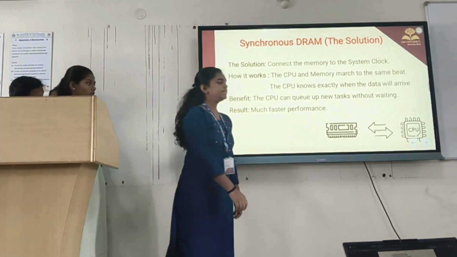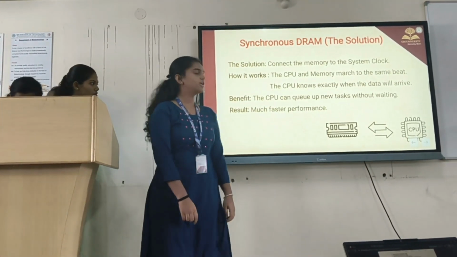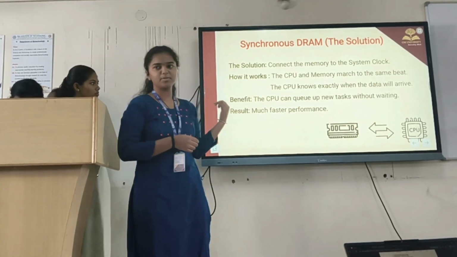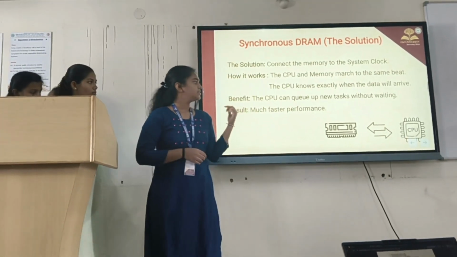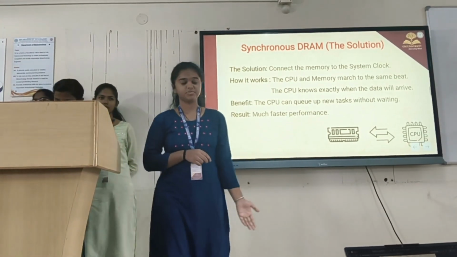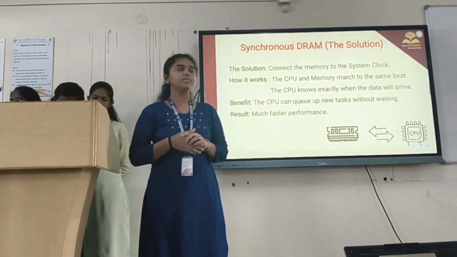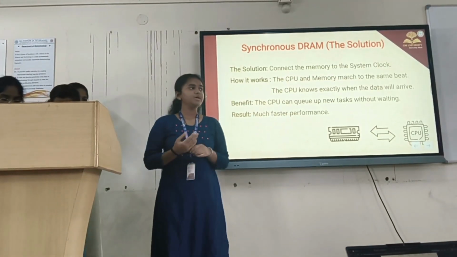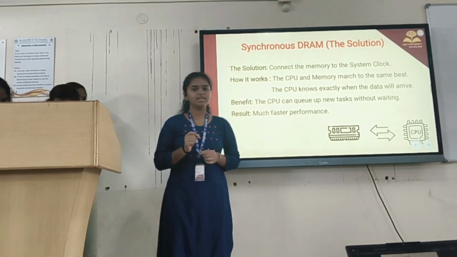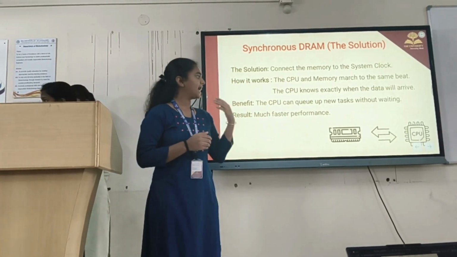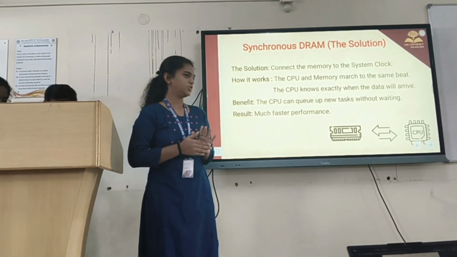For that reason, in modern systems we use synchronous DRAM, where the CPU requests the data from the memory, and the CPU knows at which time the data will be sent. If it asks for data from the RAM, it will know at what time the data will be sent by the RAM, and it will go to another process and continue its execution.